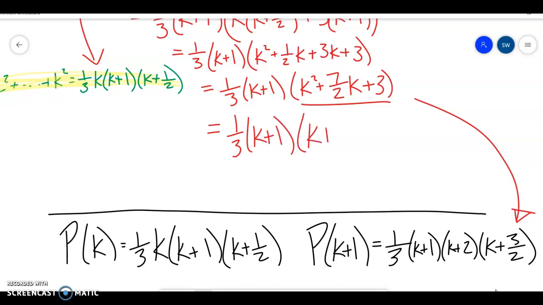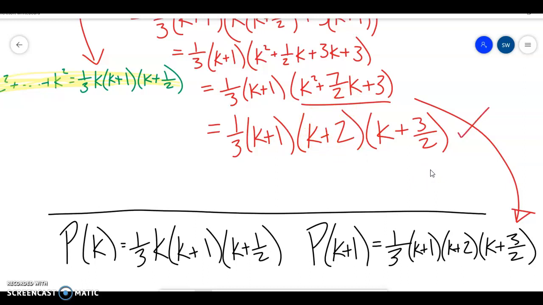Can we just call this k plus 2 times k plus 3/2? Let's distribute these in our head. 2 times 3/2 is indeed 3. k times 3/2 plus k times 2: 3/2 plus 4/2 is 7/2. Yeah, it worked. So we got there.